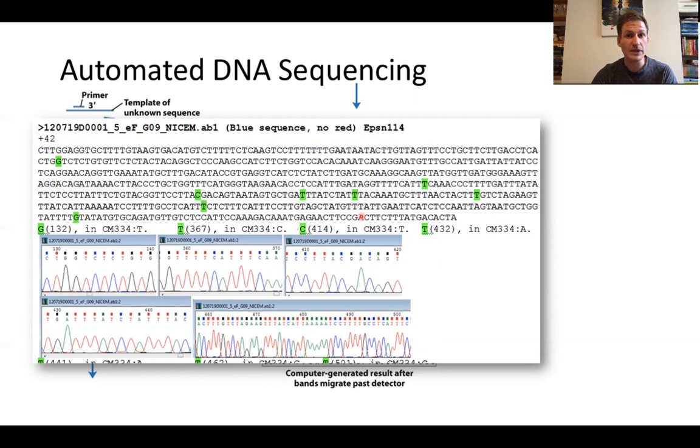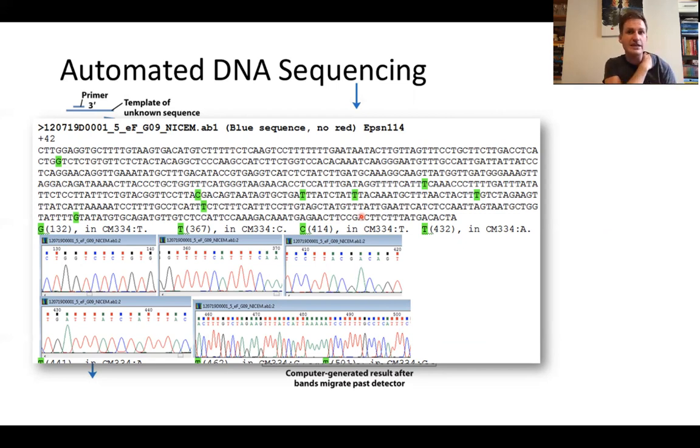In your own research, don't be surprised if you sequence your sample and find a number of SNPs or differences. It doesn't have to be one base pair. It could be a string of base pairs that are different from what's in the database. Because plants and animals are very different, even in the same species, they have a number of polymorphisms or differences, and that's the point of running these sequencing reactions.